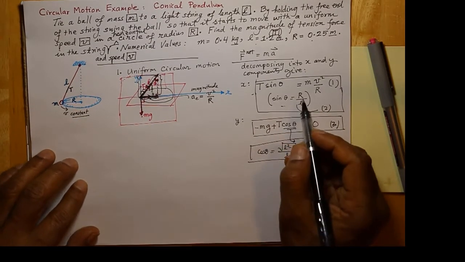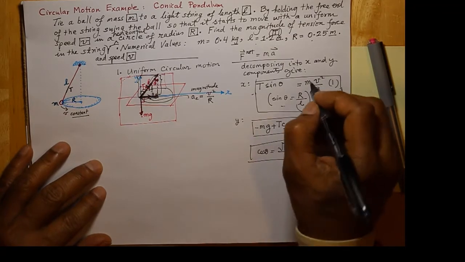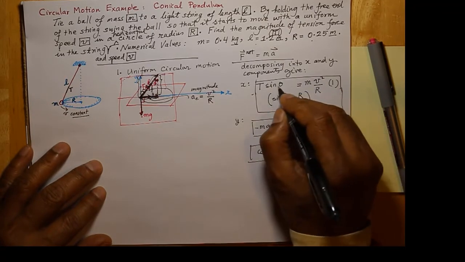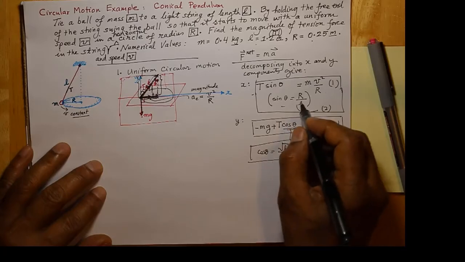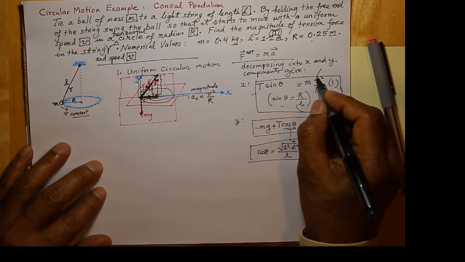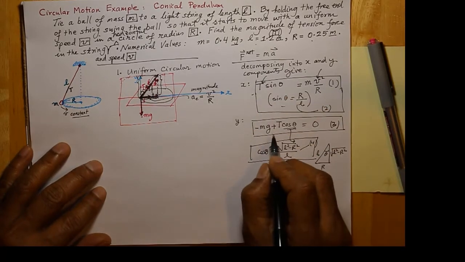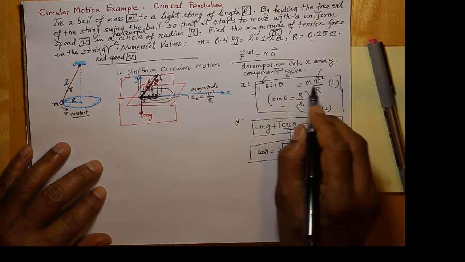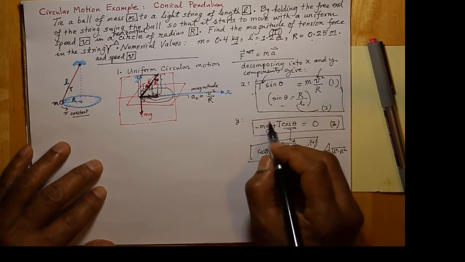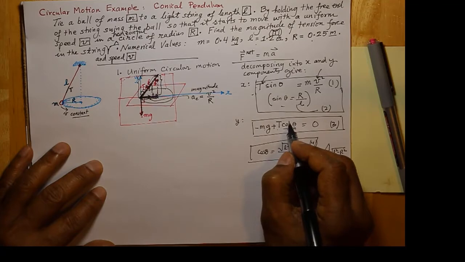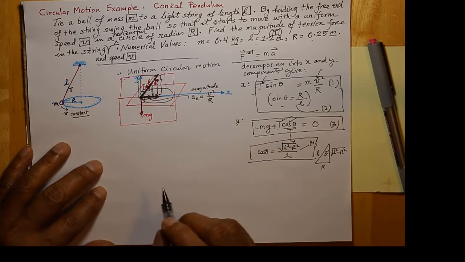What's given to us is m, R, and from there I can get theta and L. So we need to find v and T. Over here I actually have two unknowns. When I look at here, this is given to me, I can figure out cosine theta, so I can get T from here.